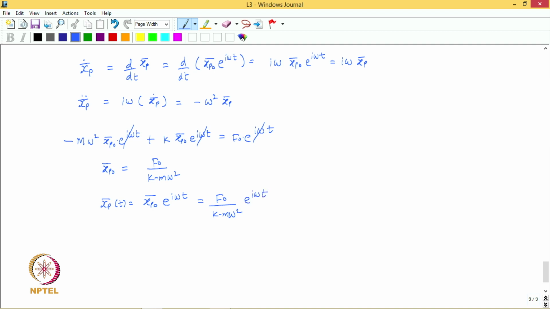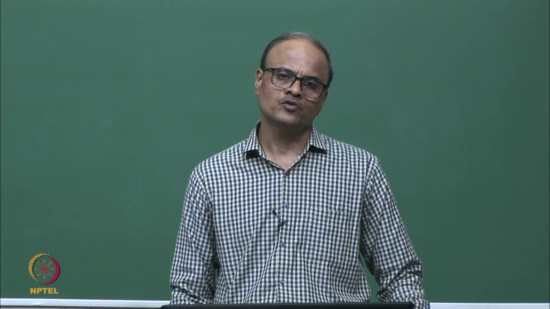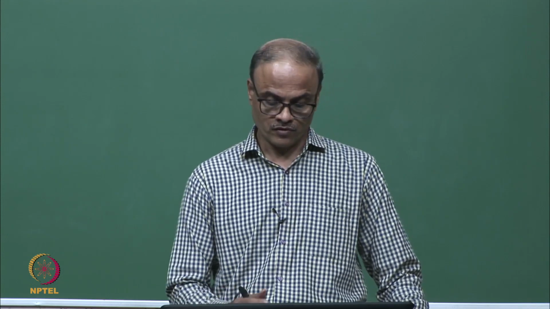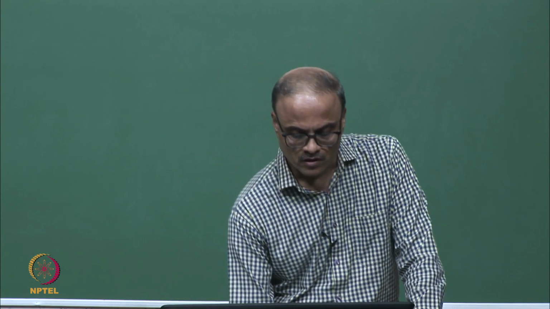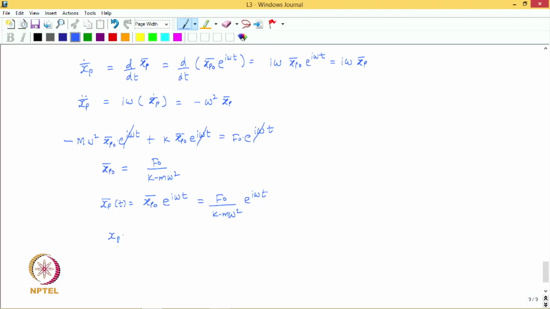But this is the complex response to the complex exponential force, and our interest was to find the response to the force f naught cos omega t. Therefore, we now take the real part of this response. So the true particular solution, xpt, is the real part, and hence it becomes f naught upon k minus m omega square cos omega t.